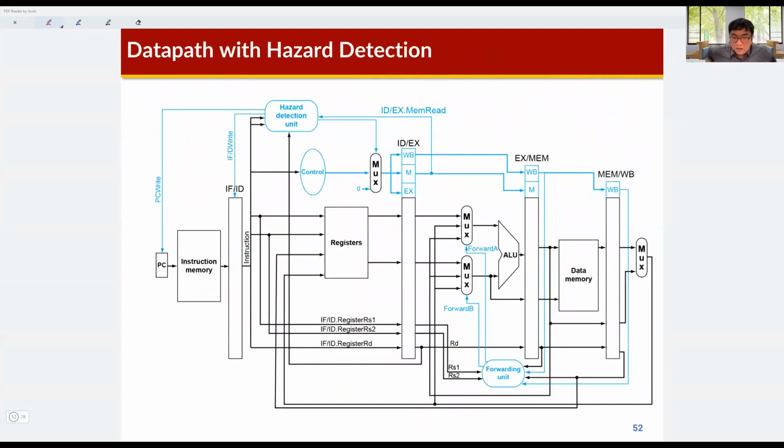So this slide shows how to build this, not data forwarding, the load-use hazard. So that means the load-use hazard detection unit and the load-use hazard control unit. So this is the hazard detection unit. And in the previous slide, I explained when to detect: the load is in EX, and the next instruction is in ID.